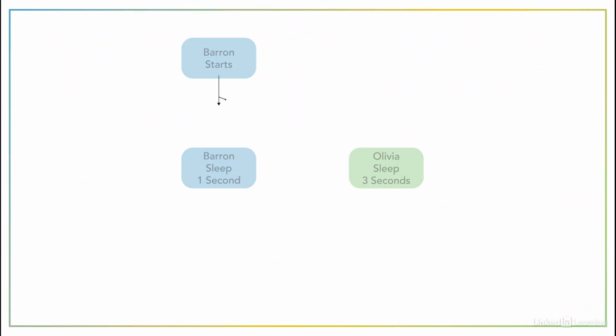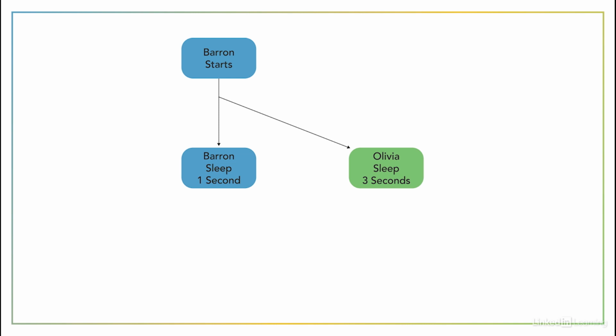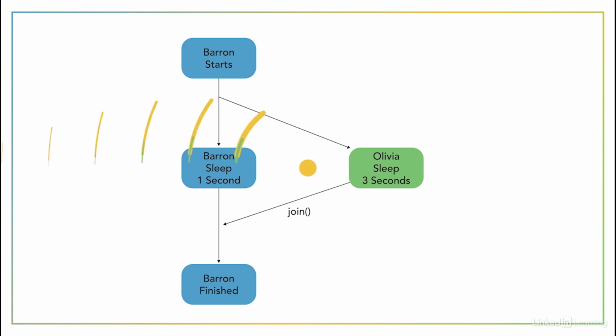Since Barron only sleeps for 1 second after starting Olivia, but Olivia sleeps for 3 whole seconds, Barron will be done well before Olivia, but he needs to wait until she is finished to continue on. This is where the join function comes into play, causing Barron to wait until after Olivia has completed everything she needs to do before continuing.